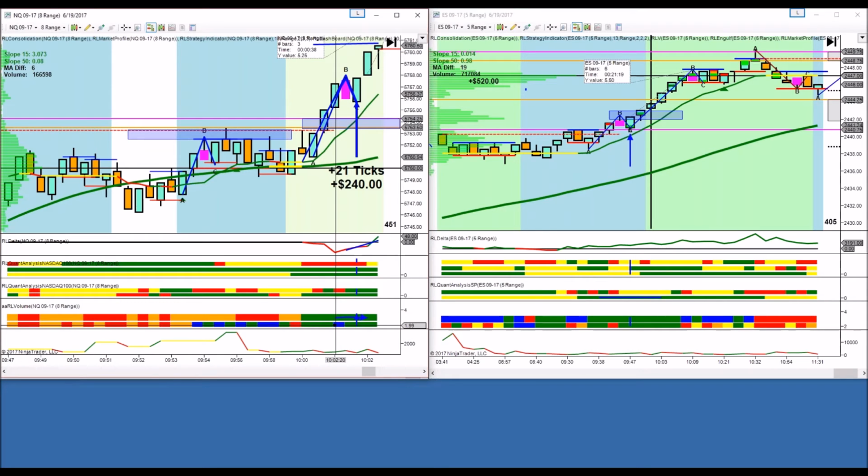momentum. Here's the multi-time frame assessment of order flow, telling us that there's a marked overabundance of buyers. There's much buying pressure on the chart.